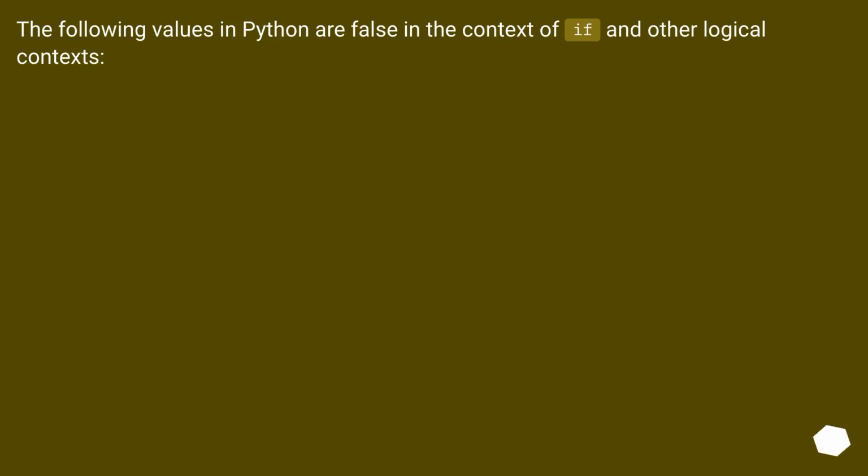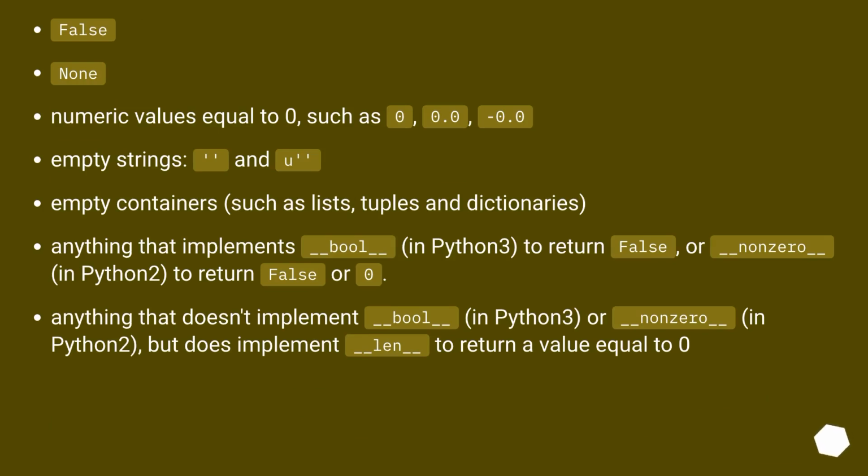The following values in Python are false in the context of if and other logical contexts. False. None. Numeric values equal to 0, such as 0, 0.0, -0.0. Empty strings, and u''. Empty containers, such as lists, tuples and dictionaries. Anything that implements __bool__ in Python 3, to return False, or __nonzero__ in Python 2, to return False or 0.